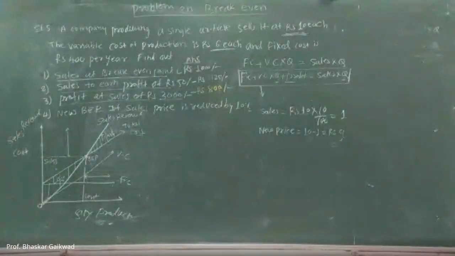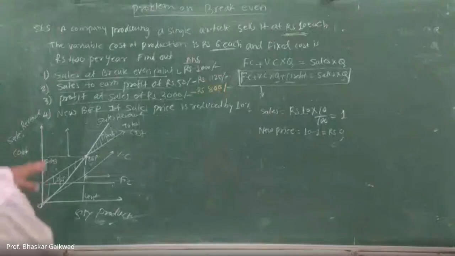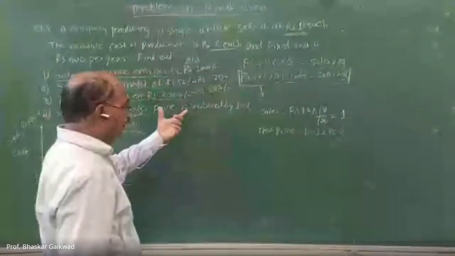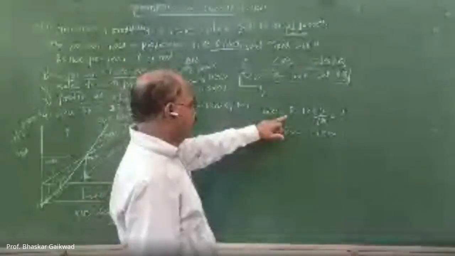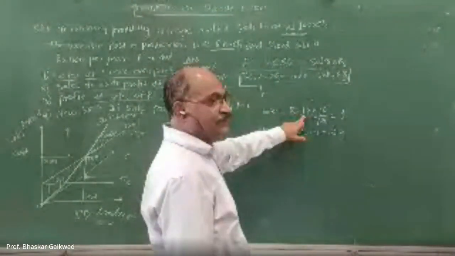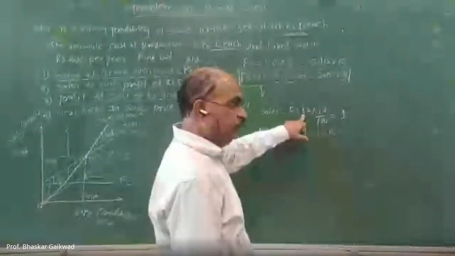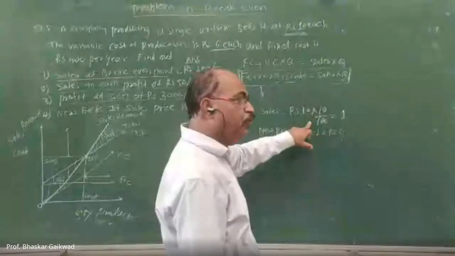Anybody can calculate? Now, I have given a hint to you. The sales price is reduced by 10%, means 10% of the original price is the amount we have to reduce.